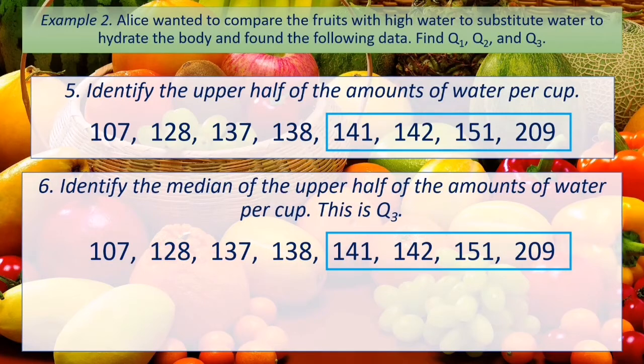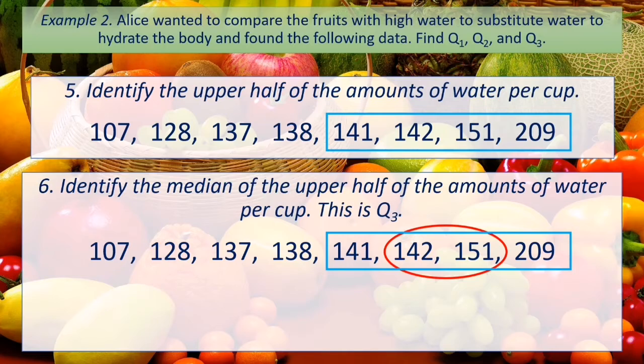Then, identify the median of the upper half of the amounts of water per cup. This value is our third quartile. So the median of the upper half are 142 and 151. Again, as you notice, there are two values. So what are we going to do?